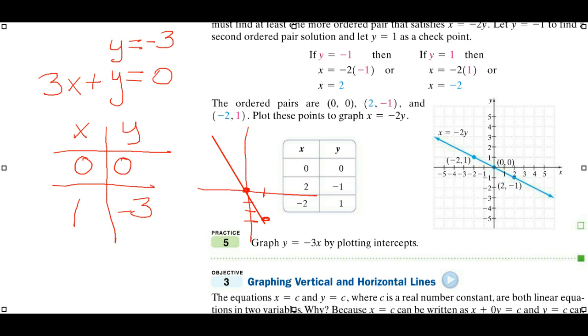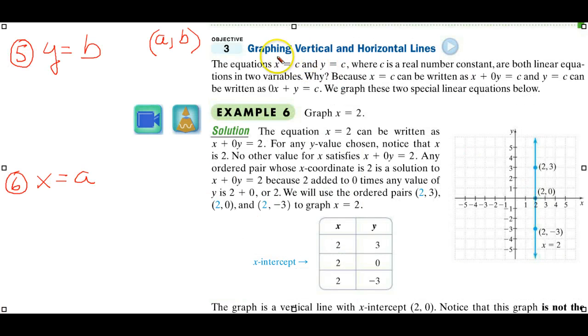Okay, some more techniques for graphing. Now this has to do with graphing vertical lines and horizontal lines. We had said that in equation 5 on our little sheet there, that this was a special equation, y equals b. And we remember we said that sometimes the ordered pair is in this form, a comma b, which we said was x comma y.